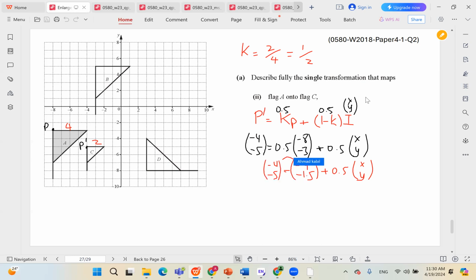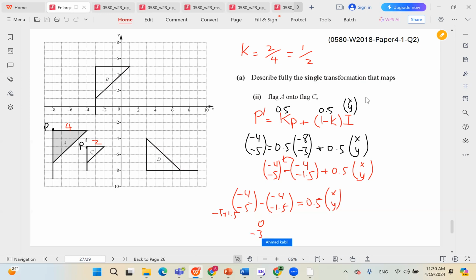We're going to take this vector here. We're going to subtract. So we have -4, -5, minus -4, -1.5 equals 0.5 multiplied by xy. So -4 minus -4 will be 0. -5 minus -1.5. This is the same as -5 plus 1.5.